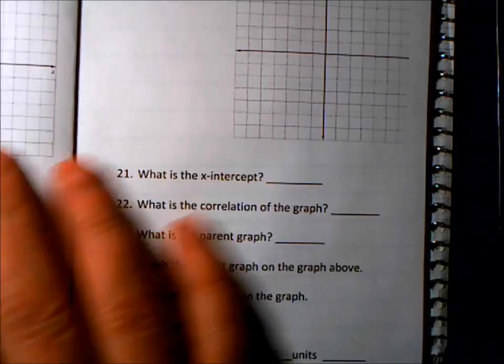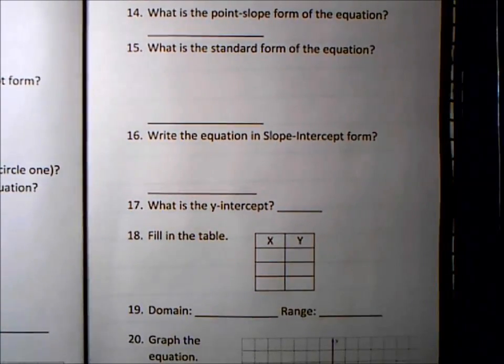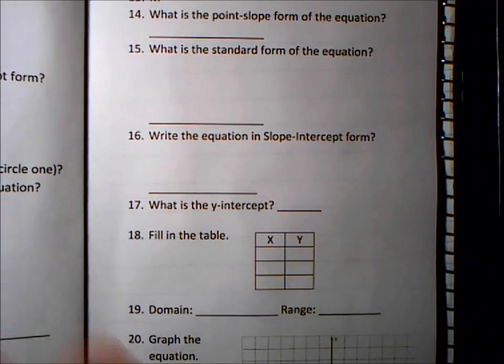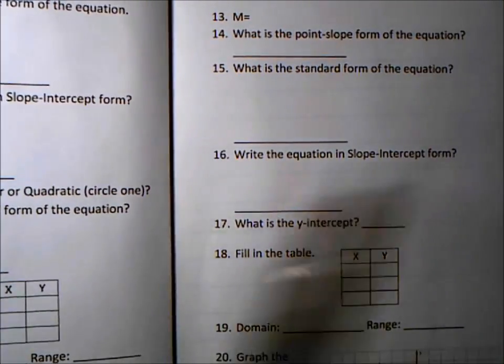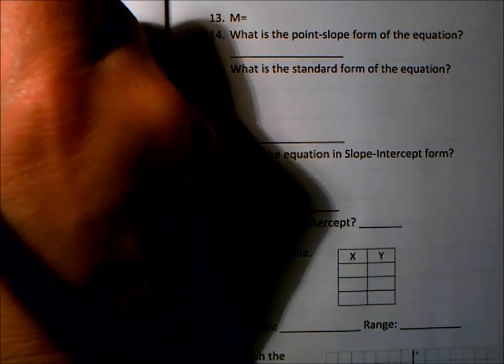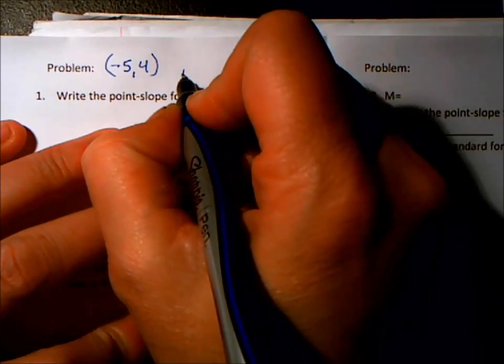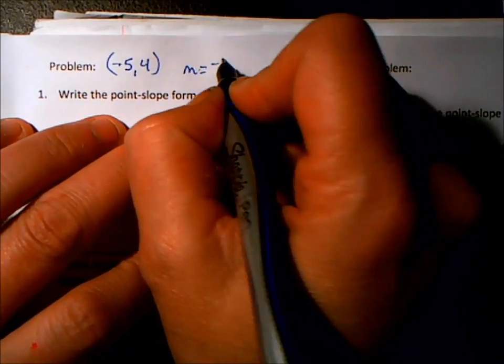Alright, moving on. Going to page 23. This problem gives us a different scenario because they give me negative 5, 4 as a point, and then they actually give me the slope, negative 3.